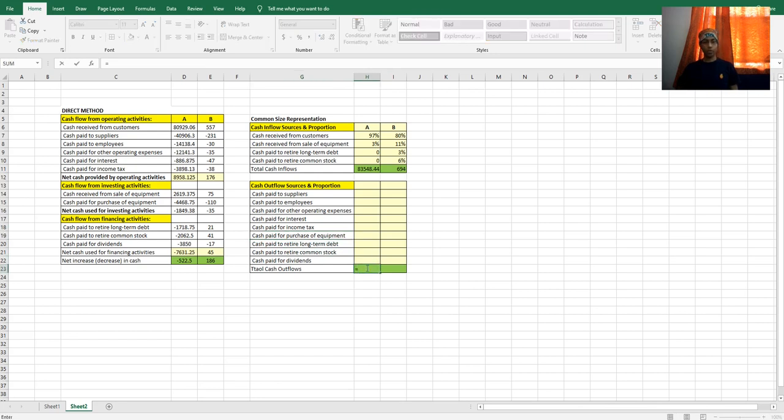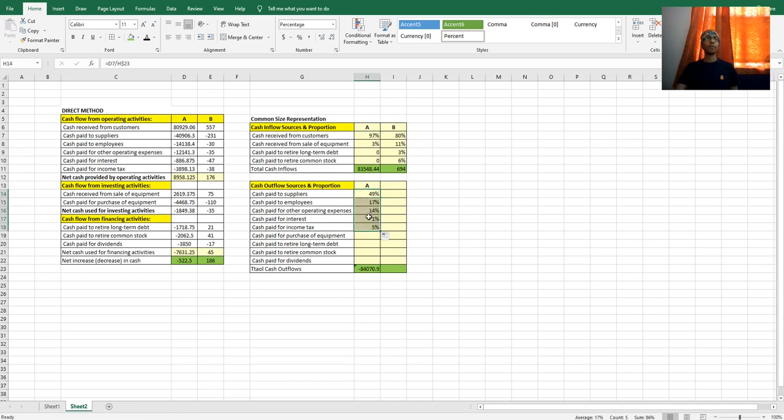The total for outflows is 84070 for A, right? For A, cash paid to suppliers is 40906 divided by this. So similarly, we can measure the remaining payments also from here.